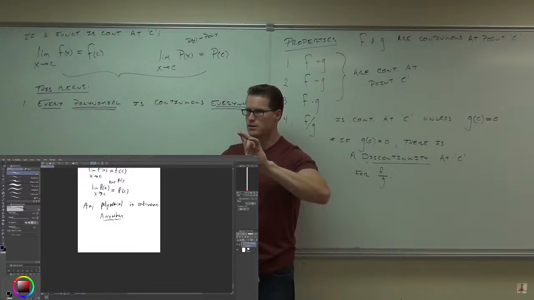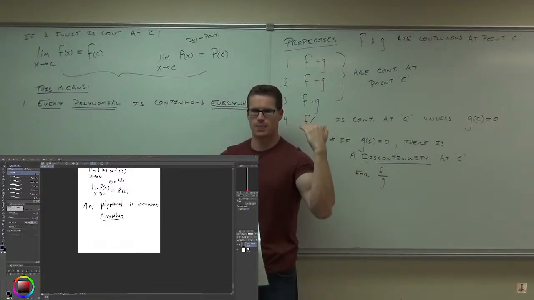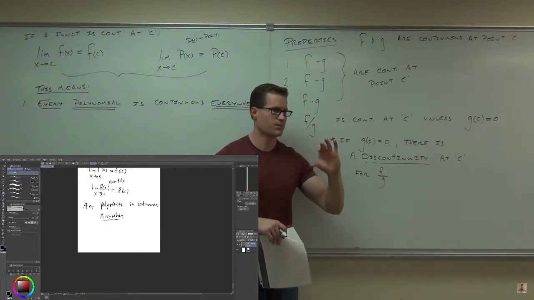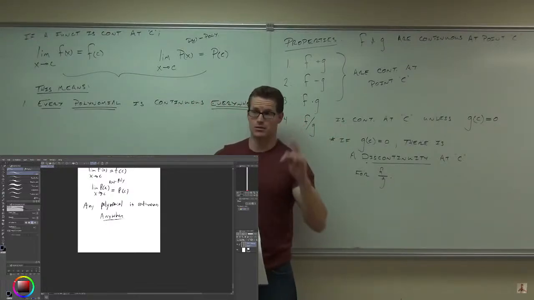Do you buy into that? So it says polynomials are always continuous. Rational functions are always continuous unless the denominator equals 0. That's what these two statements say together.